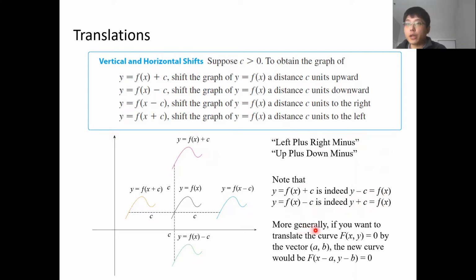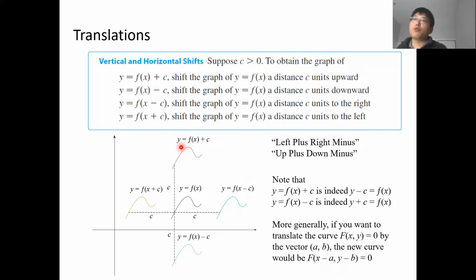So more generally, if you want to translate the curve capital F of x comma y equals 0 by the vector a comma b, the new curve will be F of x minus a comma y minus b equals 0. So indeed, if you want to make this guy larger, you should replace x by x minus c, or you should replace y by y minus c.